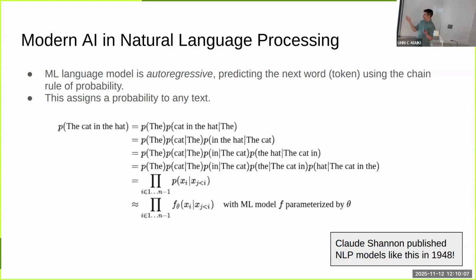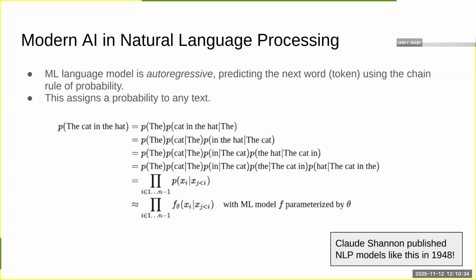But he basically just said, okay, we're going to build a probabilistic model of language. We're going to model each word, and we're going to use the chain rule to break up the probability of observing this sentence. It's just the probability of observing first the word "the," and then the conditional probability of observing "cat in the hat" after the word "the," and then you can keep applying the chain rule of probability, which is always true.